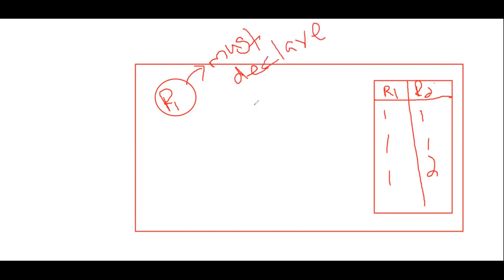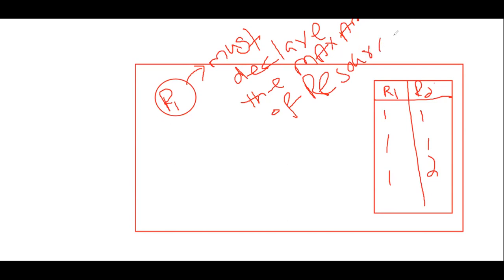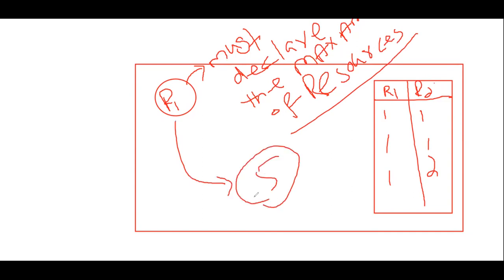It must declare the maximum amount of resources, or you can say the maximum number of instances of a particular resource. Let's suppose they declare that I need 5 instances of R1.